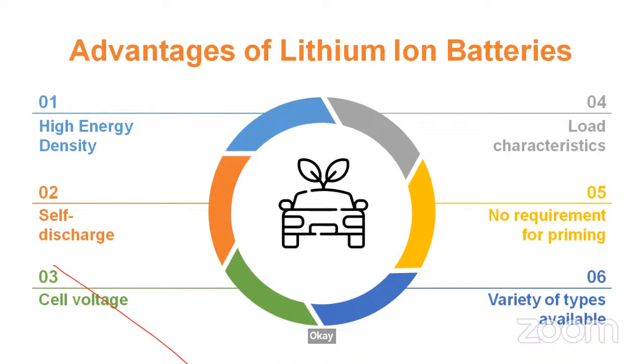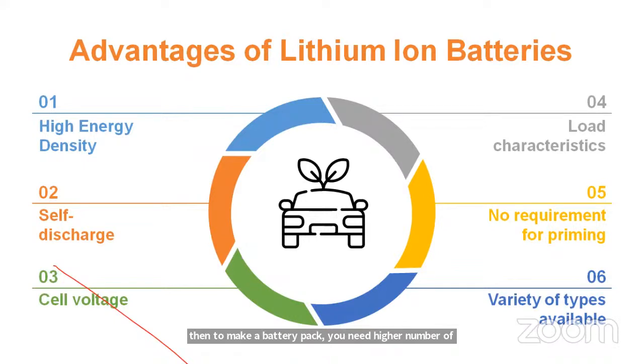Third is cell voltage. The cell voltage of lithium-ion batteries is around 3.6 volts or 3.2 volts. It ranges between 3.2 volt and 3.6 volt. In other chemistries of the cell, it is 1.2 volt or 2 volt, like that. So whenever the voltage in a cell is lower, to make a battery pack you need a higher number of cells, right?